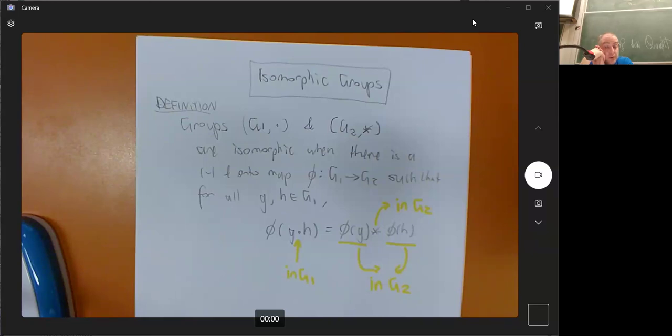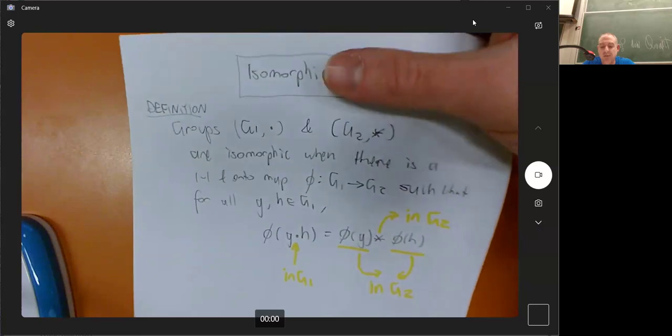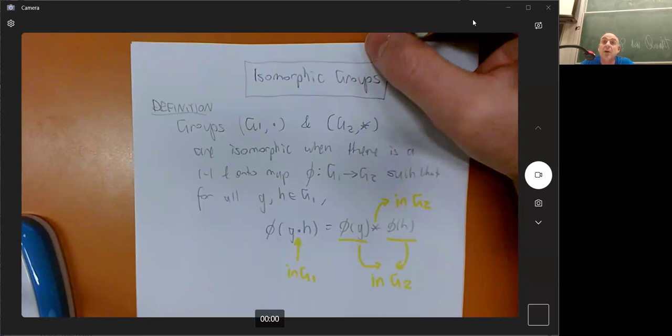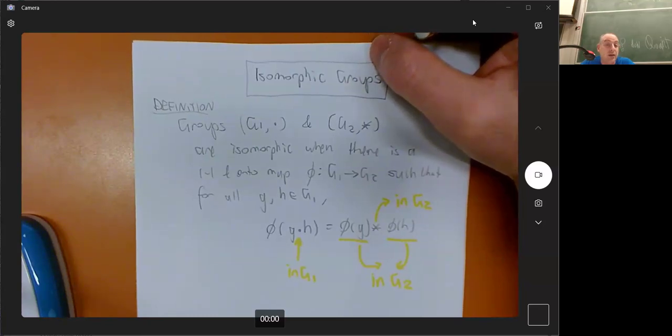And if you're not sure, that is the surefire absolute way of telling if two groups are isomorphic, is to set up that isomorphism. So I will say something important about that, which is if your groups are finite, then the only way for them to be isomorphic is to be the same size. Because the only way for finite sets to have a one-to-one and onto map between them is for them to be the same size.